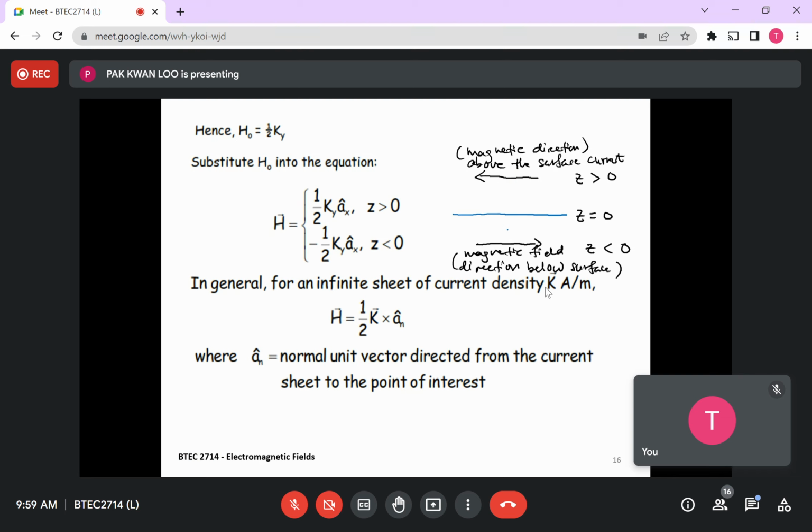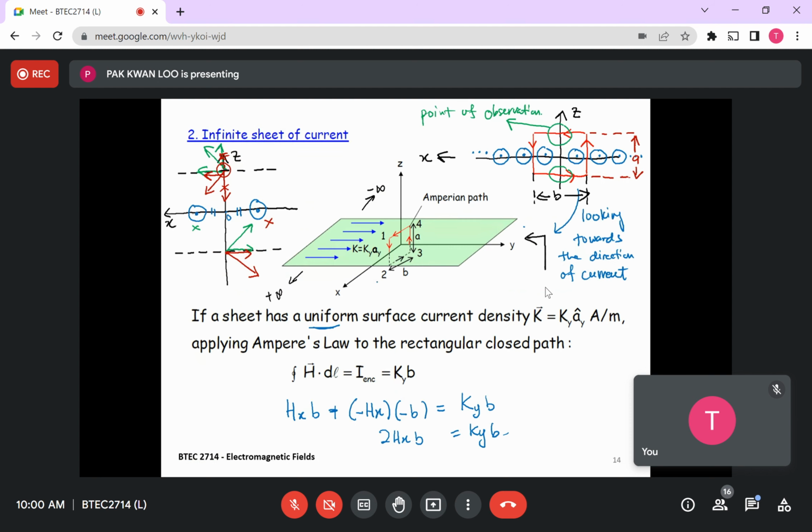Therefore, the magnetic field from an infinite sheet of current density is half the current density direction crossed with the normal unit vector from the current. In this case I have a y direction.